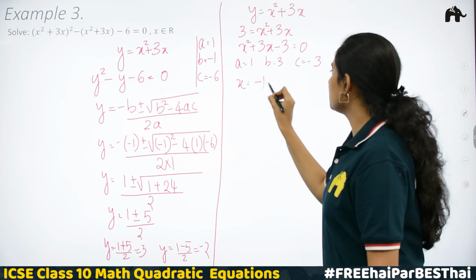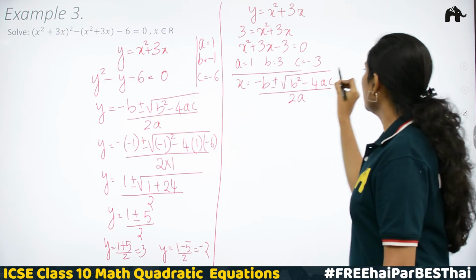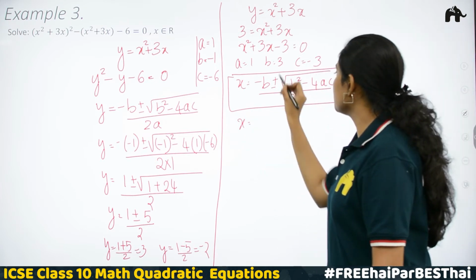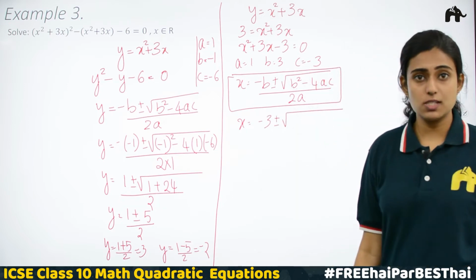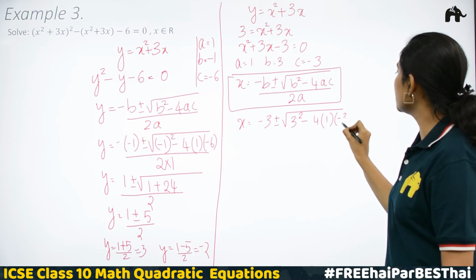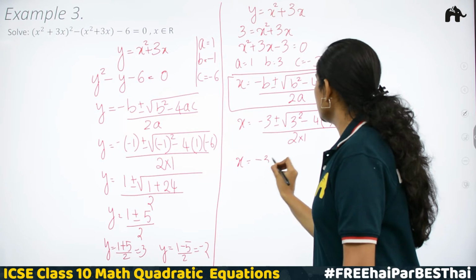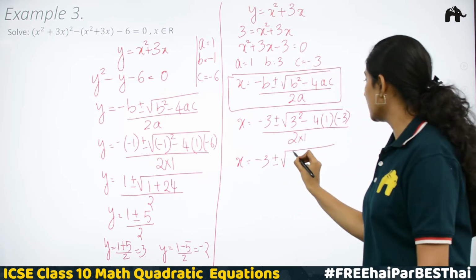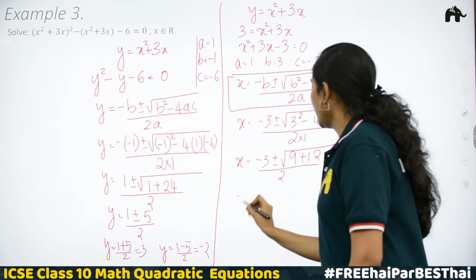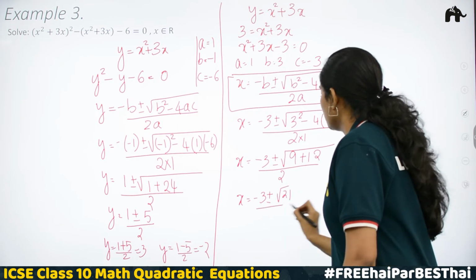Now take the quadratic formula and do the substitution. x = (−b ± √(b² − 4ac)) / 2a. Substituting the values of a, b and c: x = (−3 ± √(3² − 4 × 1 × (−3))) / (2 × 1). x = (−3 ± √(9 + 12)) / 2, that is √21.